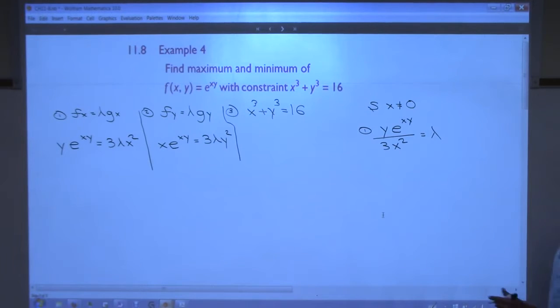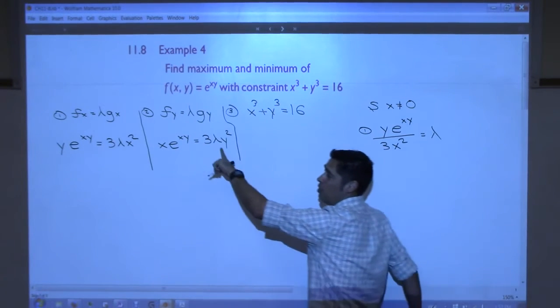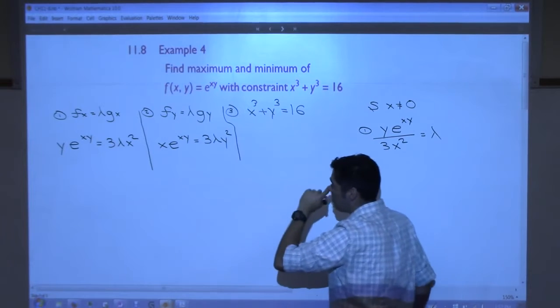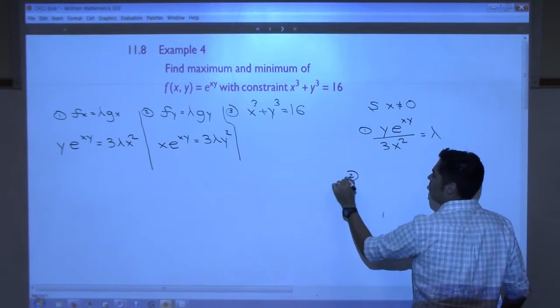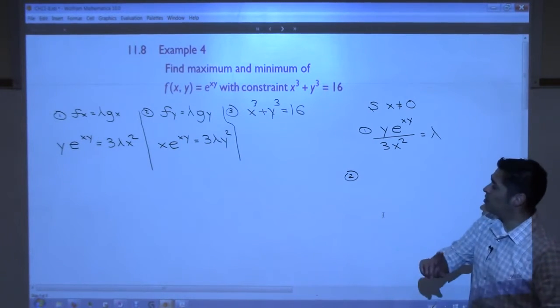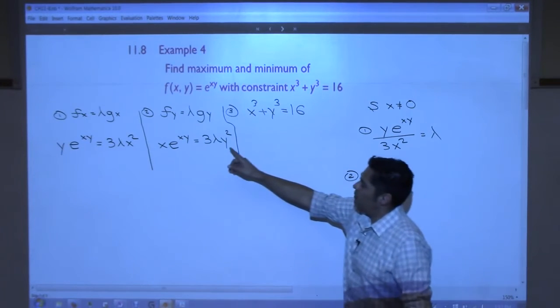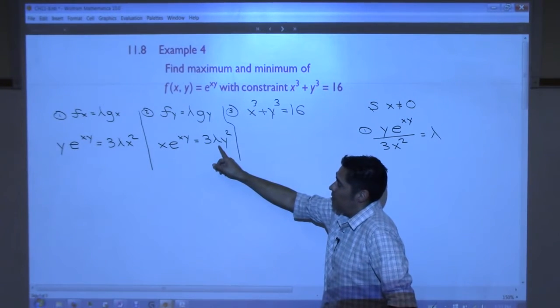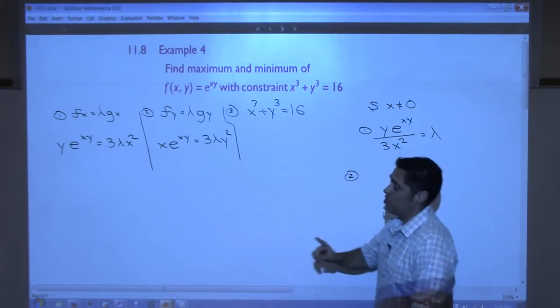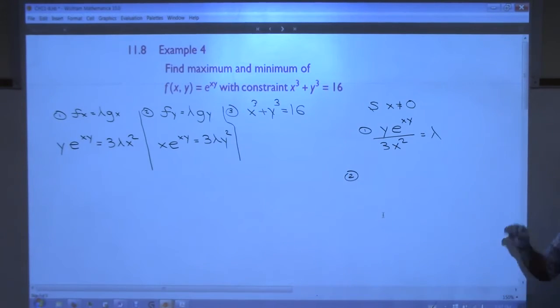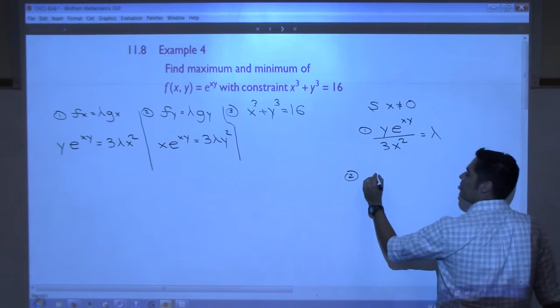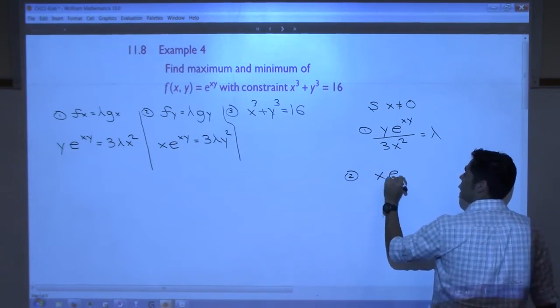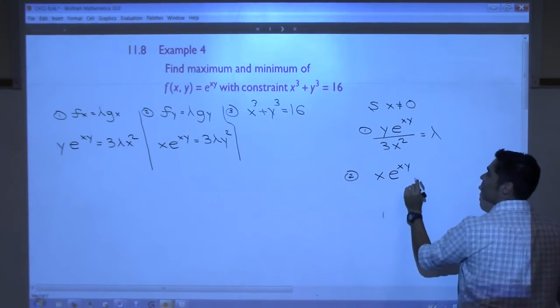You plug it into 2? Or we could solve the other one for lambda also and set them equal to each other. I'm just going to go right to 2 in this one, although setting them equal would be the same. But if you solve the second one for lambda, you're also going to have to say, suppose y is not 0. I'm going to stick with just the condition that x can't be 0. I might, at the end of the day, have to say that y can't be 0 either.